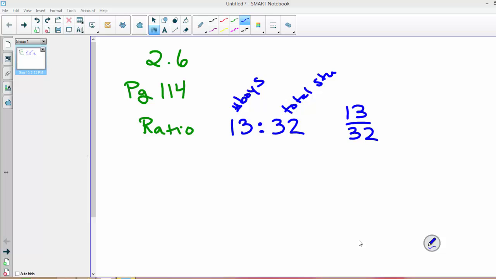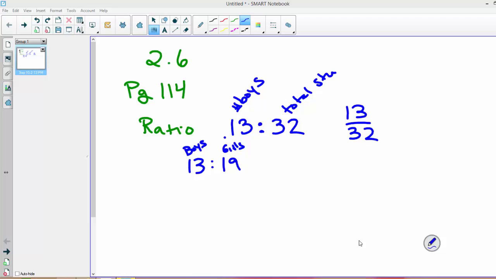Now, a lot of times ratios would also be written as the two different parts. So 13 boys to 19 girls. You just always need to know what the words are to make it make sense to you.